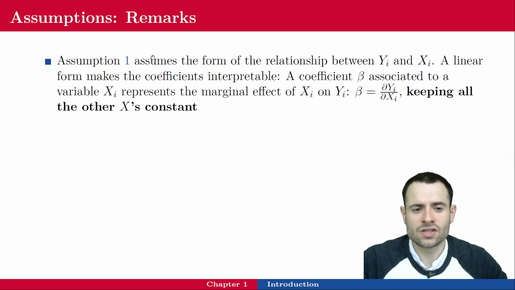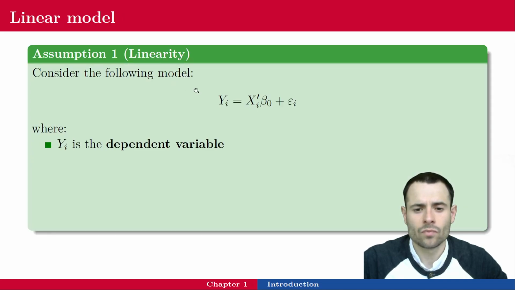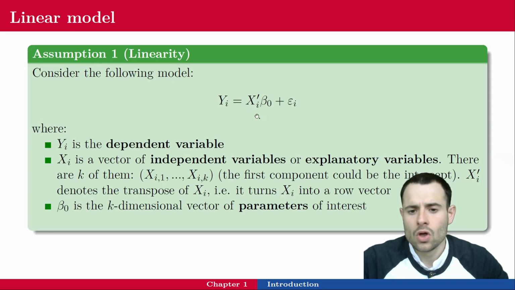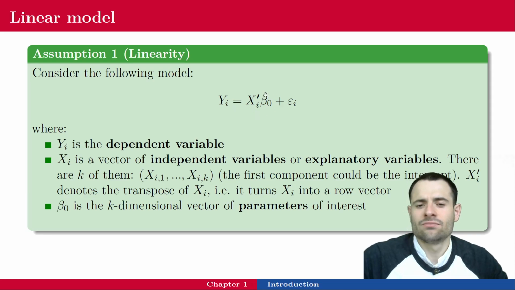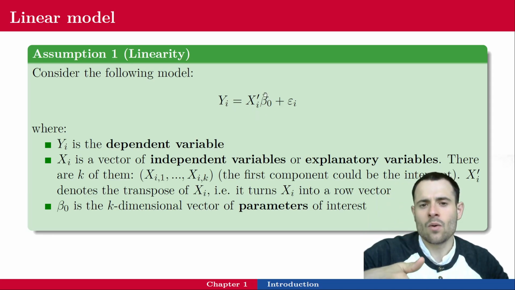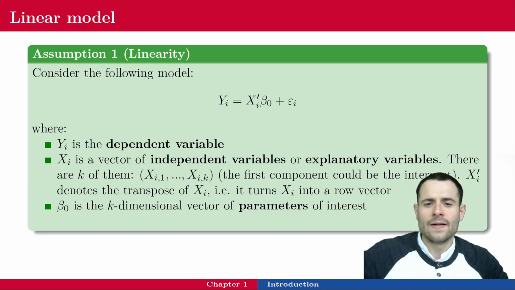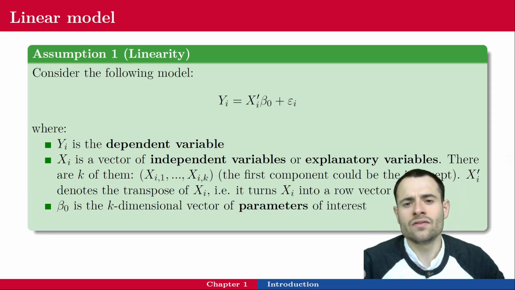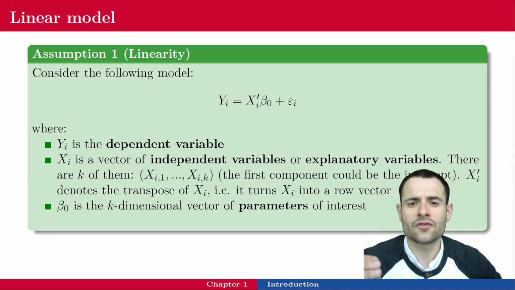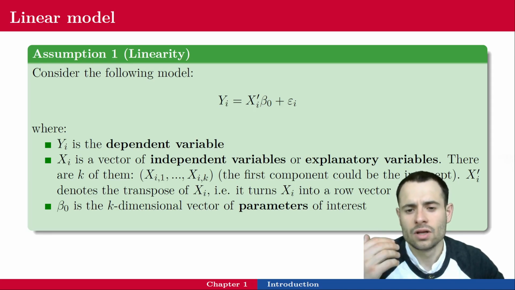If you go back to assumption 1, you can see that if I take the derivative of y with respect to any of the x's, since it's x1 beta 1 plus x2 beta 2 and so on, if I take a derivative with respect to x1, all the other x's are going to disappear, and the derivative is going to be equal to the coefficient in front of x1, which in this example would be beta 1.